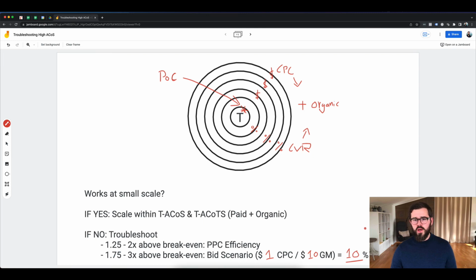But obviously you want to check where you're at right now. If it's not working and you check your conversion rate on the ads and it's 5%, well, now you need to double the conversion rate to make it work, right? So again, it could be a bit of a combination here between improving PPC efficiency and conversion rate.